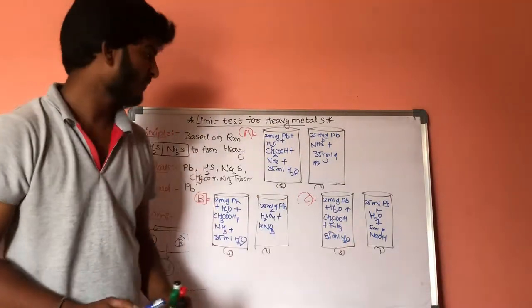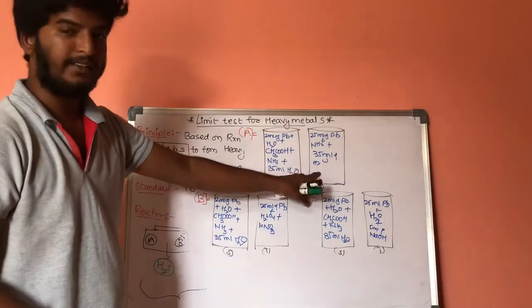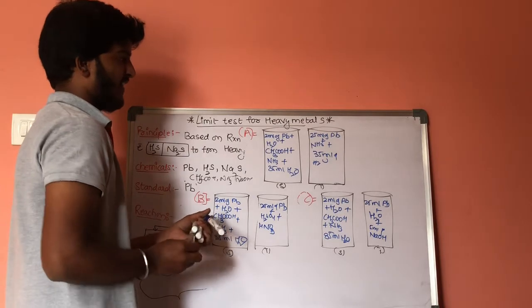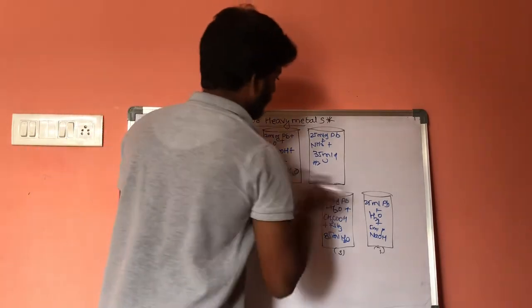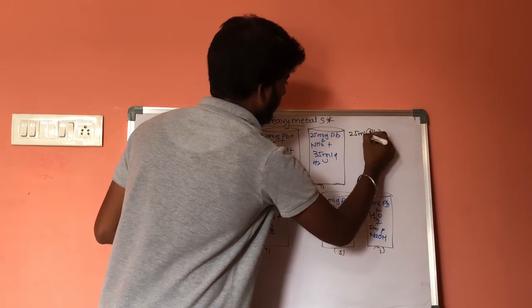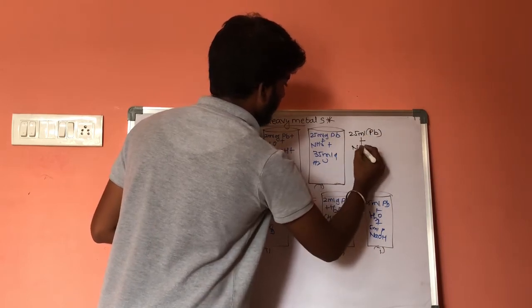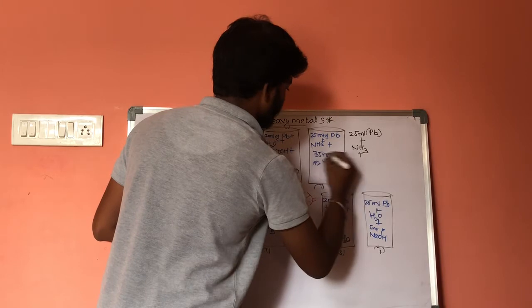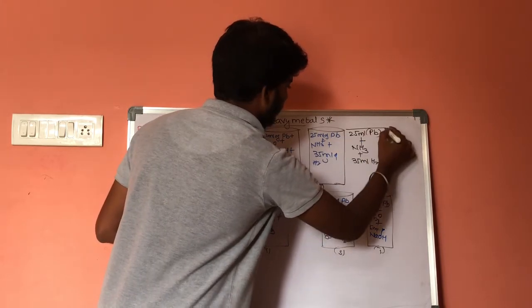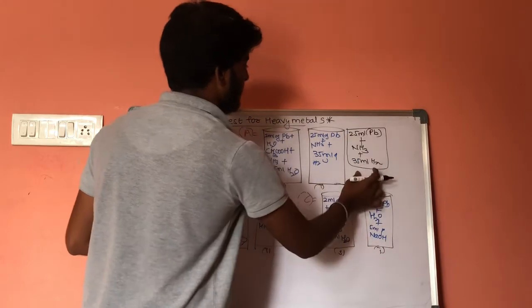In test A, we have added 25 ml lead solution plus ammonia plus 35 ml water. This is test 1.